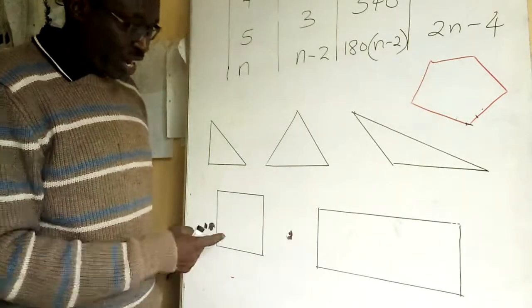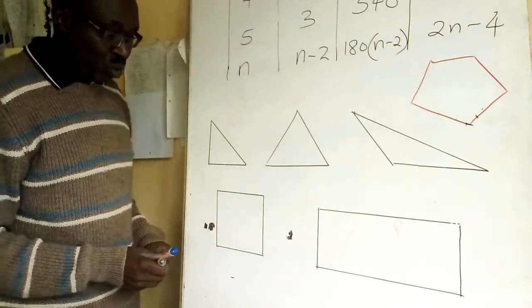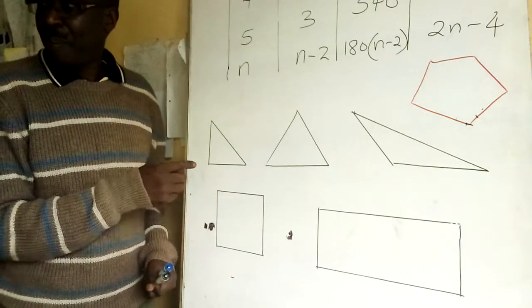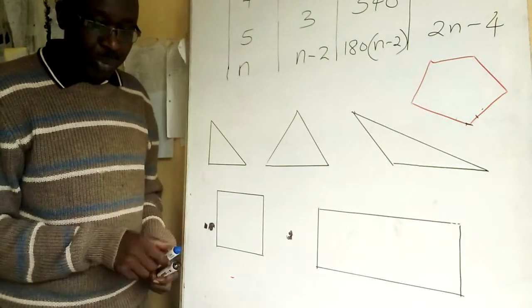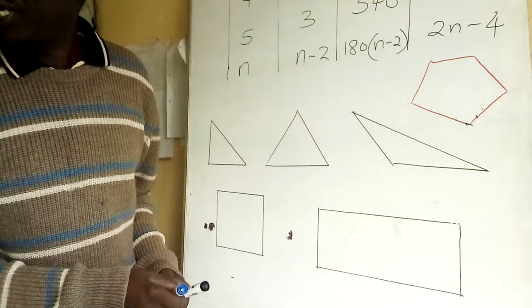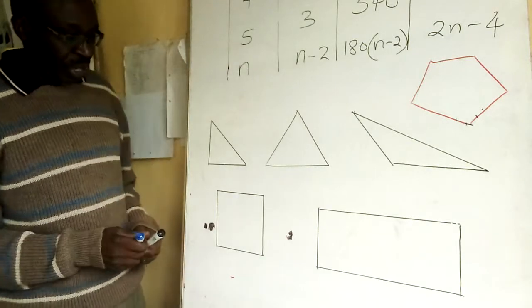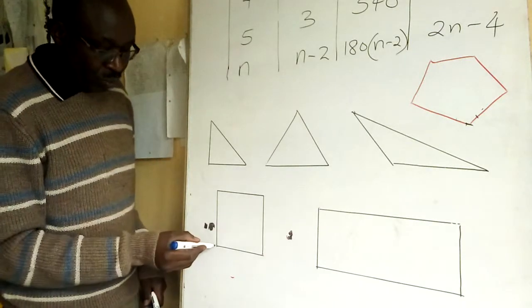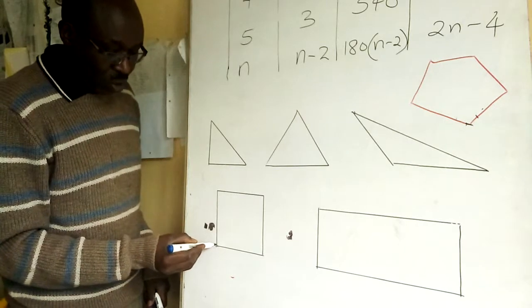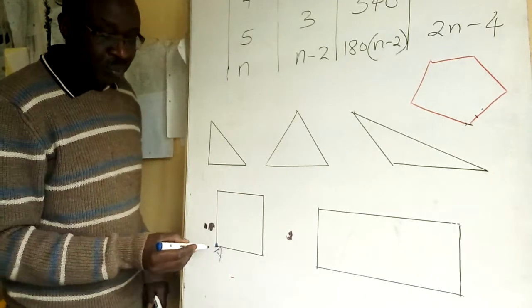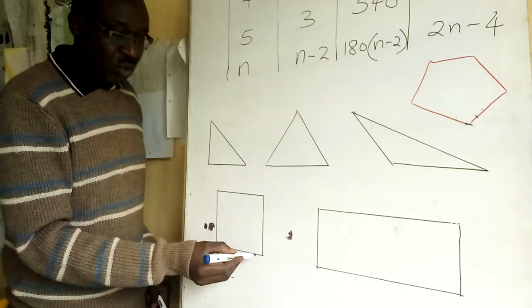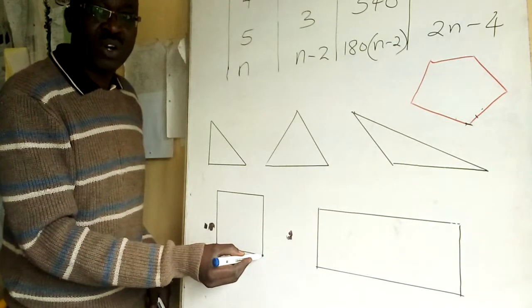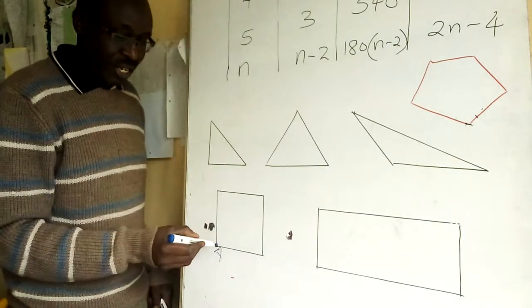So can we try here? Yes. You start from one point. I don't have a red, but I will use blue. From one point, let us call this point A. From this point, you cannot go to the first corner here. No, you go to the second.